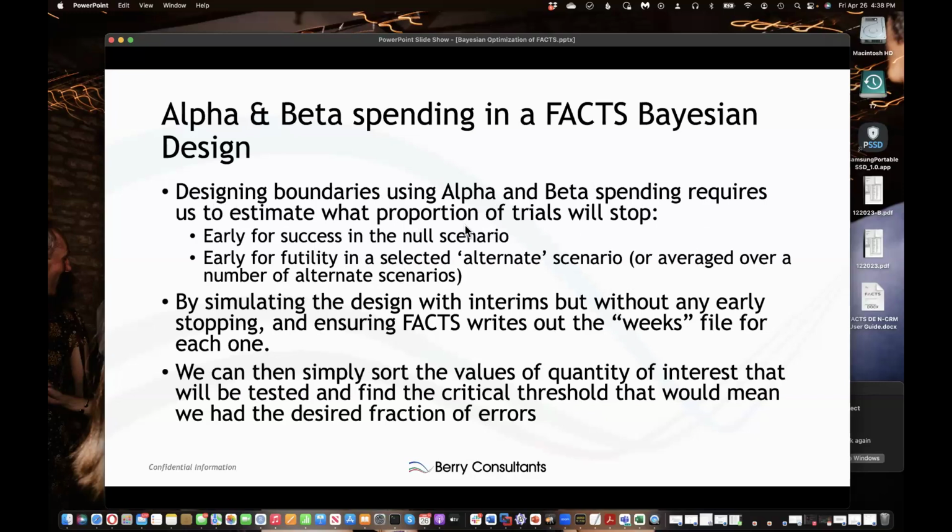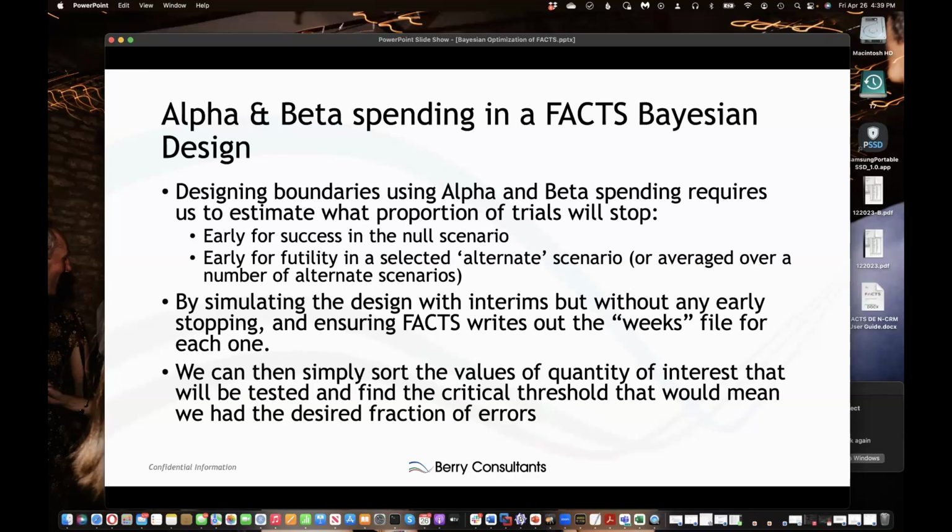Designing boundaries using alpha and beta spending requires us to estimate what proportion of the trials will stop for early success in a null scenario and early futility in some selected alternate scenario, or possibly averaged over a number of alternate scenarios.